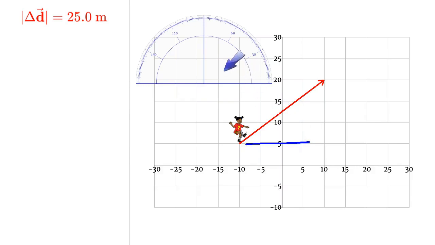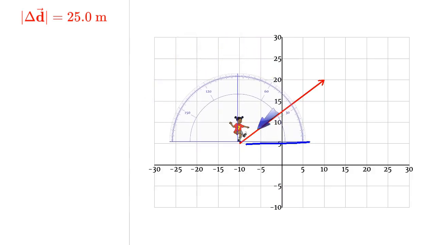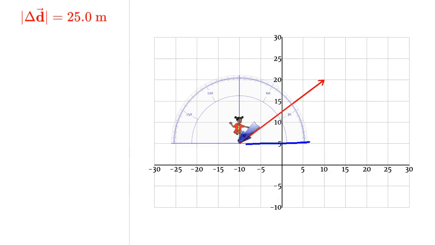So using a protractor, we're going to position it so that the center of the protractor is on the tail of the vector, and the 0 degree mark is lined up with the direction that's parallel to the positive x-axis. And then we can read the direction of the vector just using our protractor. We can see here it's around 36 or 37 degrees. My computer can measure it really accurately, and it says 36.9 degrees.